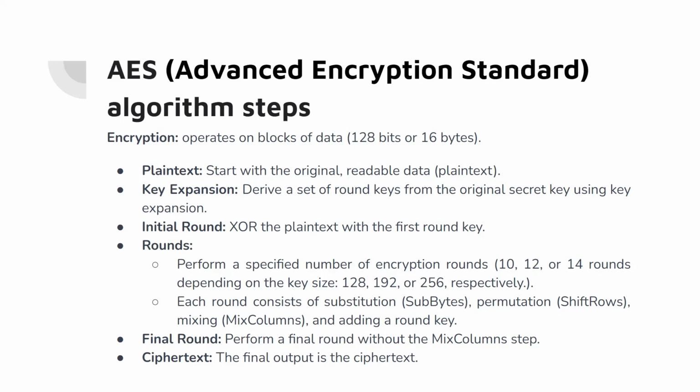The purpose of this step is to add nonlinearity to the encryption process. Then there is the shift rows step, which is a row-wise permutation. In this step, bytes in each row of the state matrix are shifted to the left by an offset during the encryption process.